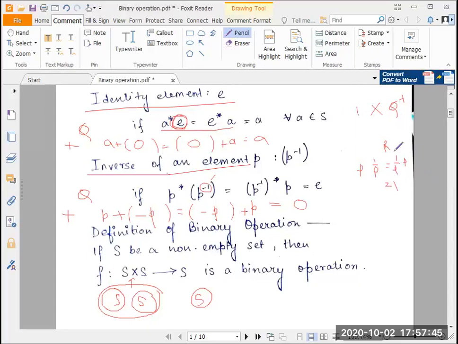So as you can see here, not every set has identity elements or inverse elements for their elements in the set on which the binary operation is defined, but that is essentially the concept.